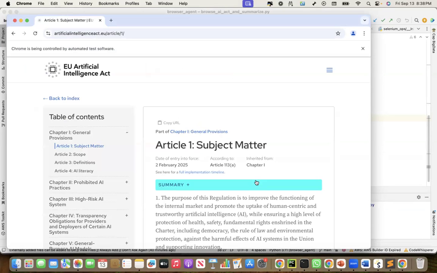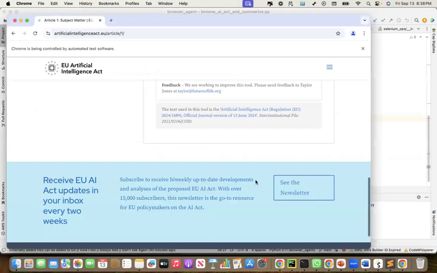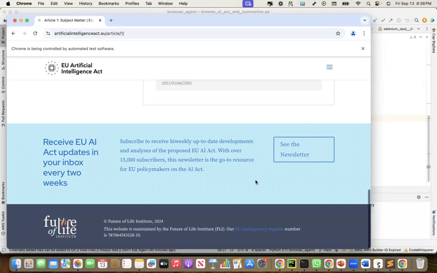Articles 1 and 3 are a little long, but articles 2 and 4 are quite small. But see, it started scrolling. While Selenium is scrolling, it takes the screenshot, passes it to GPT-4o, and gets the summary. I did a similar thing last weekend for arXiv papers.